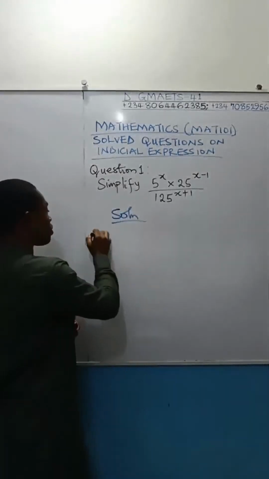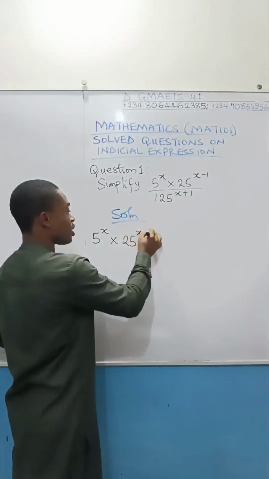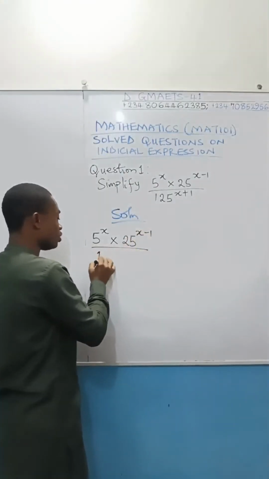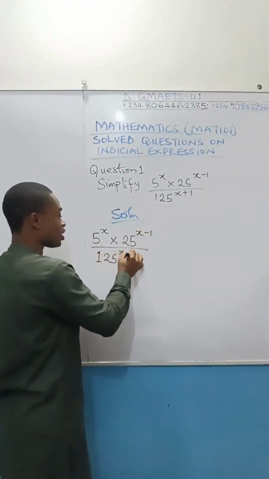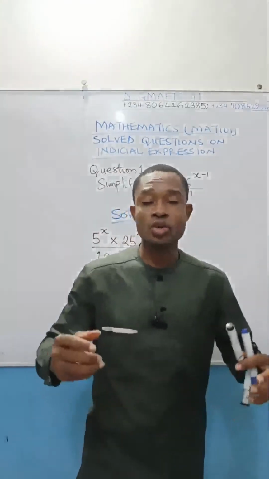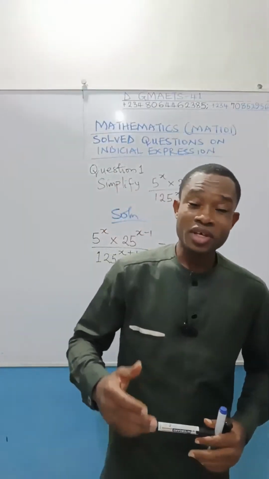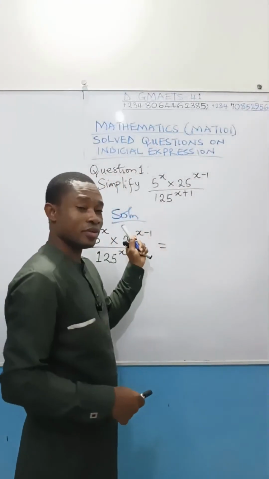The question given to us here is 5 to the power of x times 25 to the power of x minus 1 all over 125 to the power of x plus 1. Take note, before you start solving a mathematical question or problem, you're expected to indicate your solution. Very important.